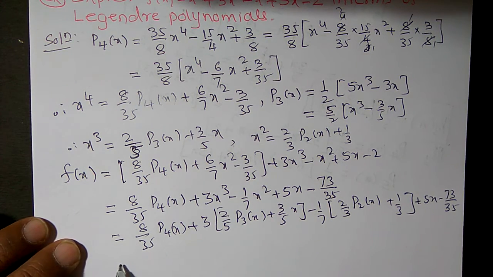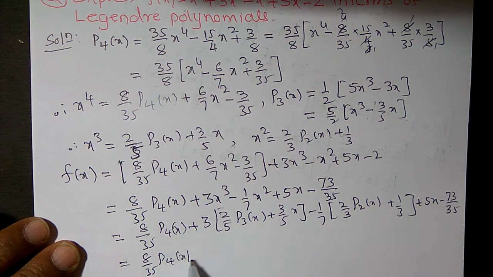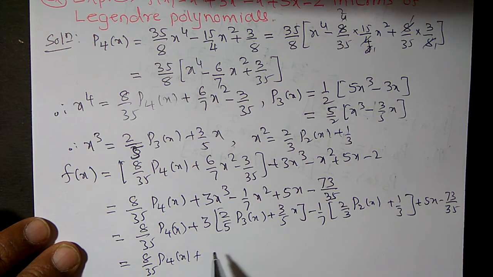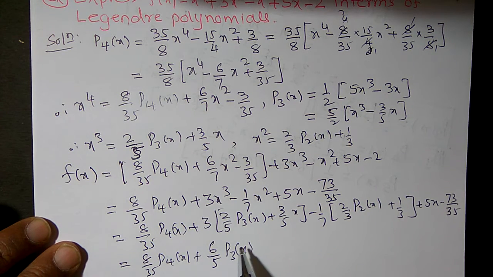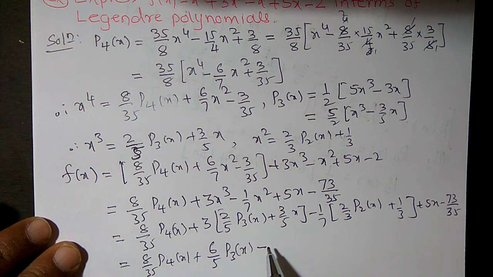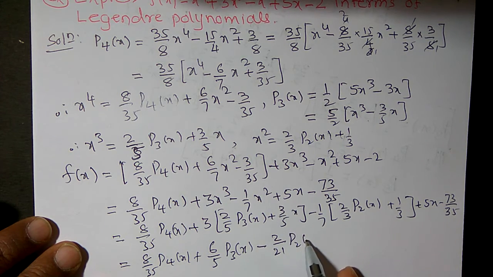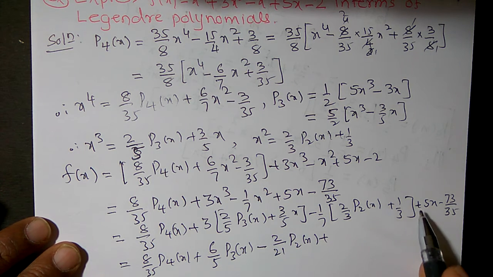Okay, further I want to simplify 8/35 P4(x). I want to multiply 3 into 6/5 times P3(x) minus P2(x), right? So 1 into 2 divided by 21 P2(x), right, plus 3/5 times x, plus 5 times x.